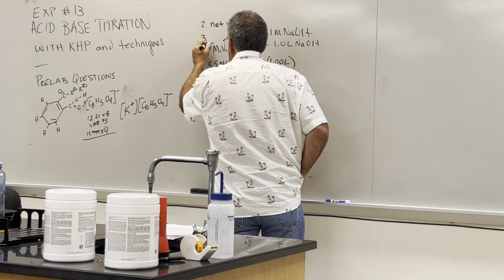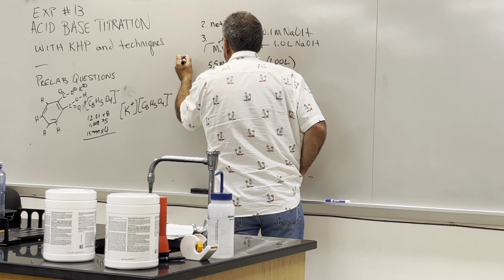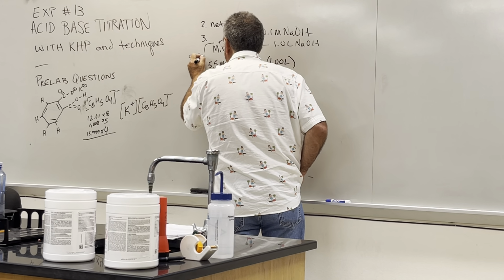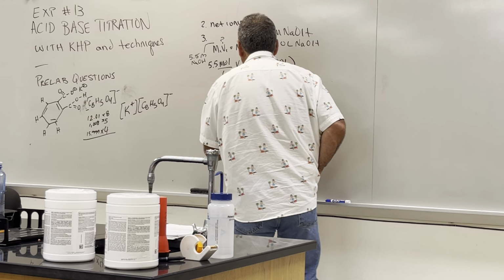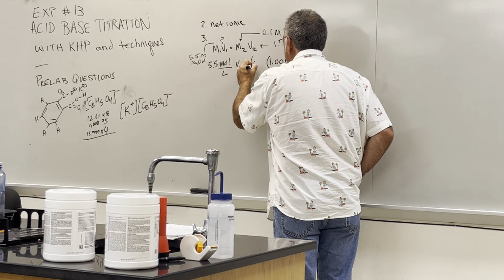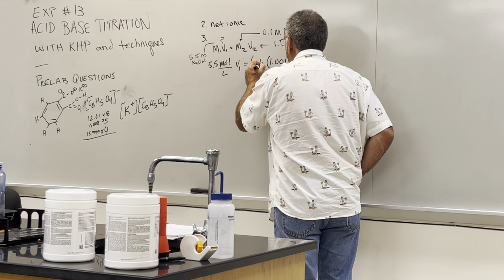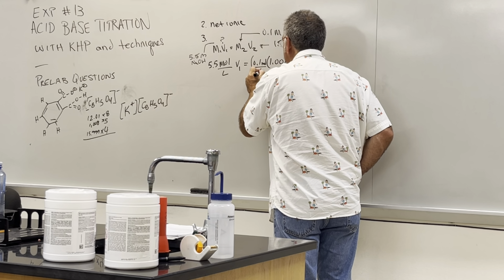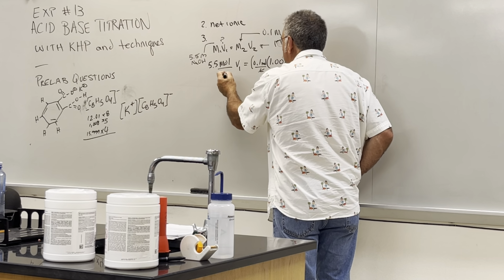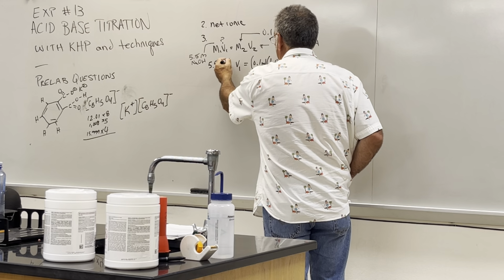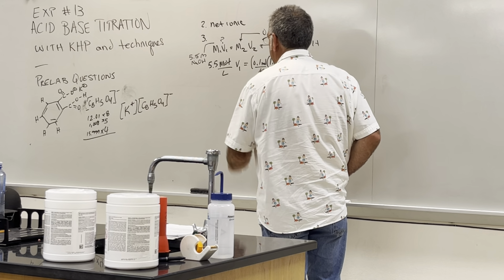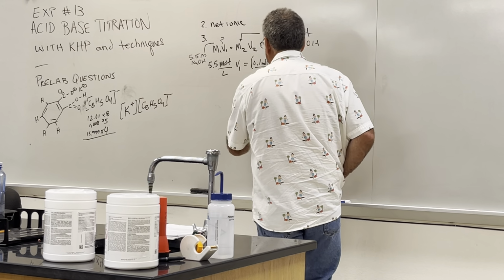And then molarity 1, 5.5 molar NaOH, and V1 is the unknown. So we just put this in here, 0.1 moles per liter, and now moles equals liters, right? But no, that's not it.